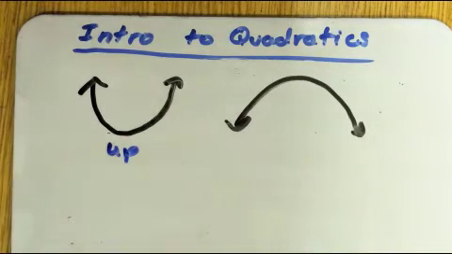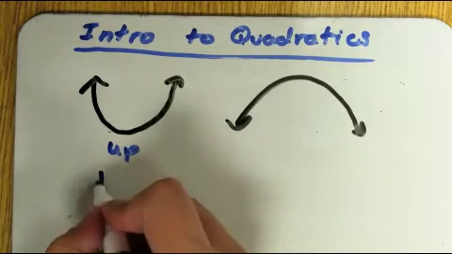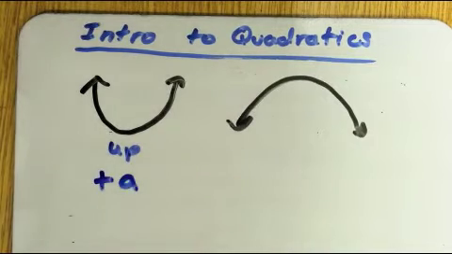Okay, what did I say before? We wanted to look at that A value. That A value right next to the x squared tells you if it opens up or down. So if the A value is positive, it opens up. Okay, does that make sense?